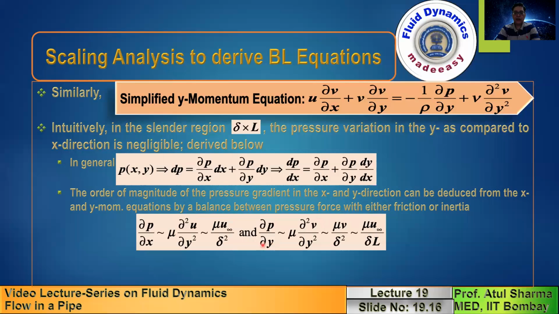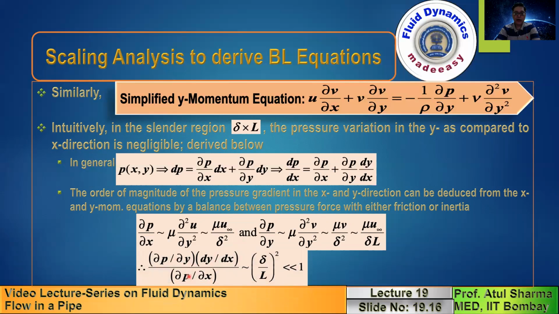If you divide del p by del y by del p by del x, then mu u infinity in the numerator in both the terms cancels down, and you get delta by L, because in the numerator you get delta L divided by delta square, and finally you obtain delta by L. So the ratio of the pressure gradient in the y direction to the pressure gradient in the x direction is delta by L. But if you multiply this ratio with dy by dx, the order of dy by dx is delta by L. So you got another delta by L, so this is of the order of delta by L square.